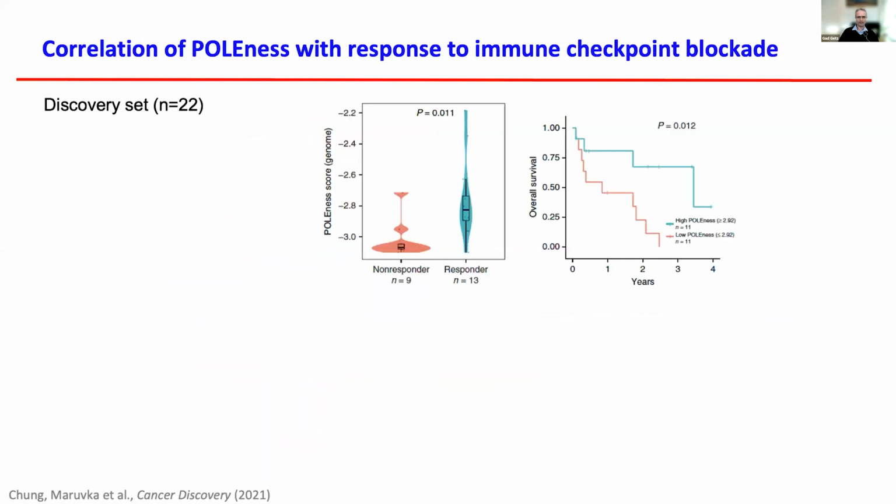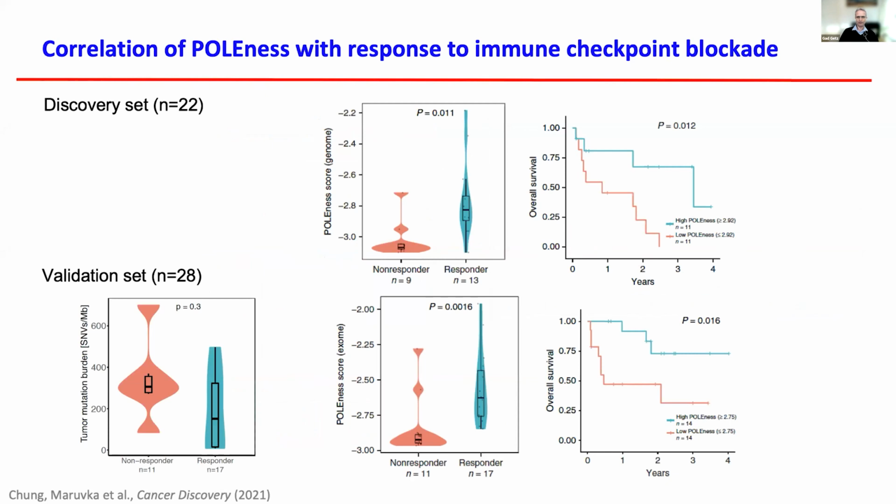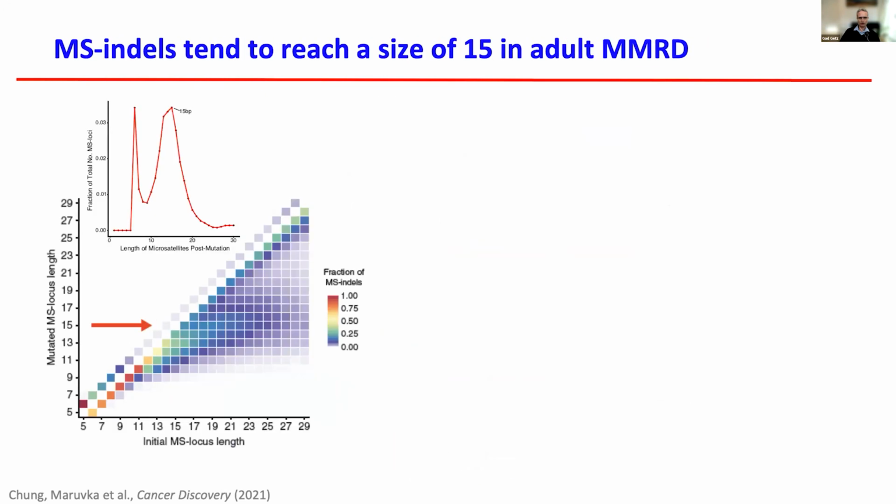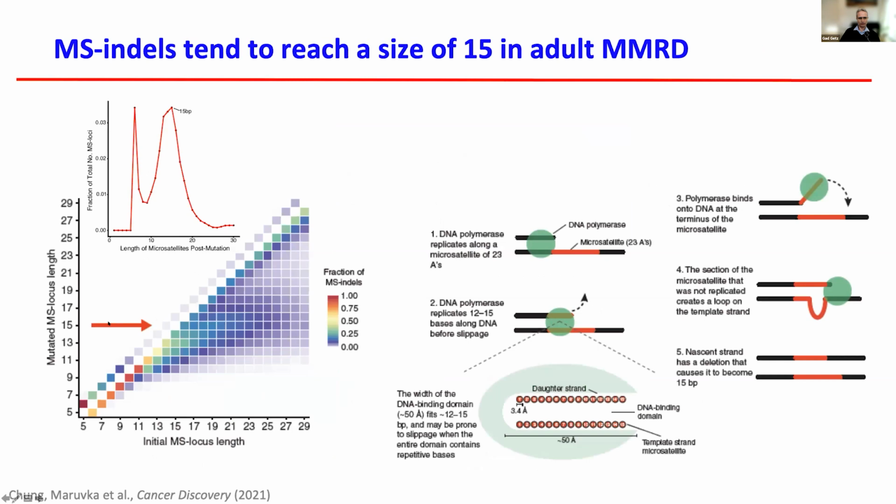Finally, I will just say that these signatures that we found could actually distinguish between patients that respond or don't respond to immune checkpoint blockade. And one last point I want to say is that the mutations in these adult mismatch repair patients in microsatellites seem to converge on 15 bases.